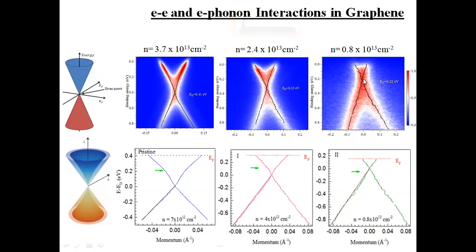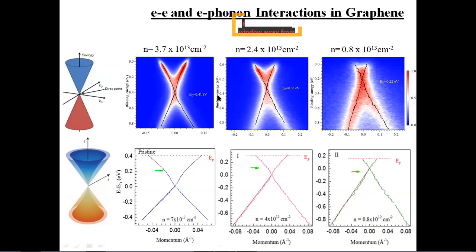Now if you compare these three figures, you can see the cone is very clearly seen. This is called the Dirac point. I have given the Dirac point with respect to the Fermi level. This is the Fermi level in these three figures, and with respect to it, I have given the binding energy of the Dirac point.